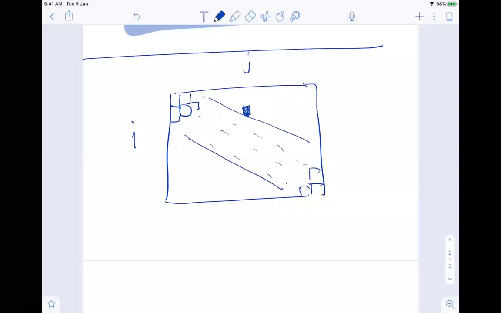So filling up one piece takes constant time. And therefore, since I have n square different squares, the total time taken will become order n square times constant.